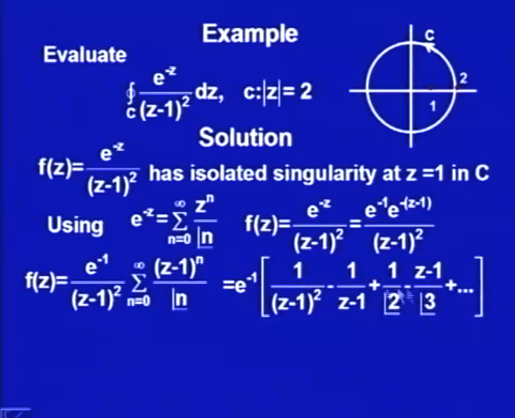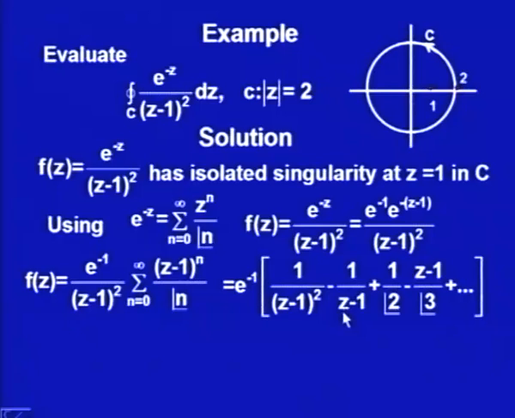After that, the remaining terms would be the summation of a_n (z minus z naught) to the power n, and a naught is 1 upon 2. This is the principal part, 1 upon (z minus 1) and 1 upon (z minus 1) whole squared. And of course, as I said, this has a pole of order 2 at z equal to 1.